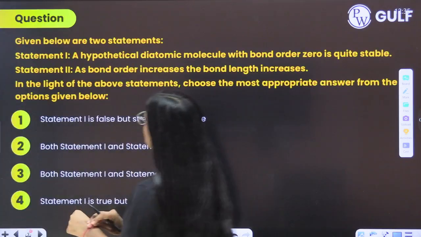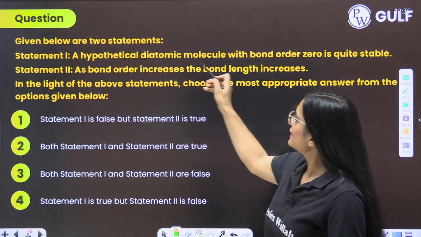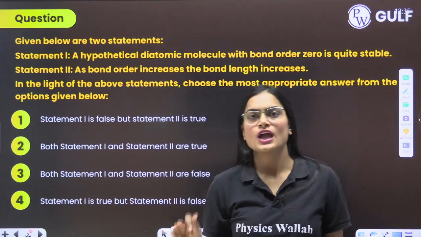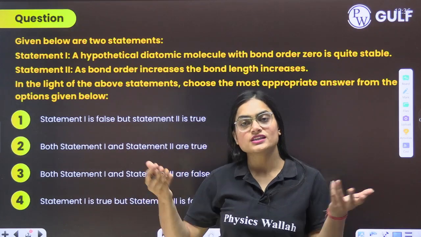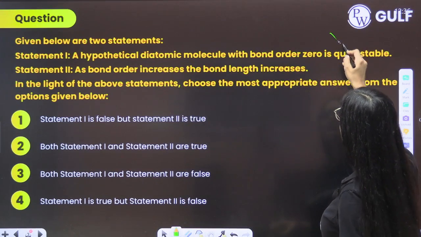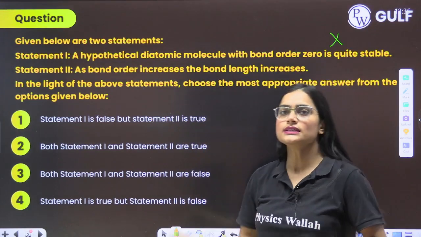Next question here says, given below are two statements. Statement 1: a hypothetical diatomic molecule with bond order 0 is quite stable. This statement is totally wrong. Why? A molecule having 0 bond order is not stable at all, it does not exist. Statement 2: as bond order increases, the bond length increases.